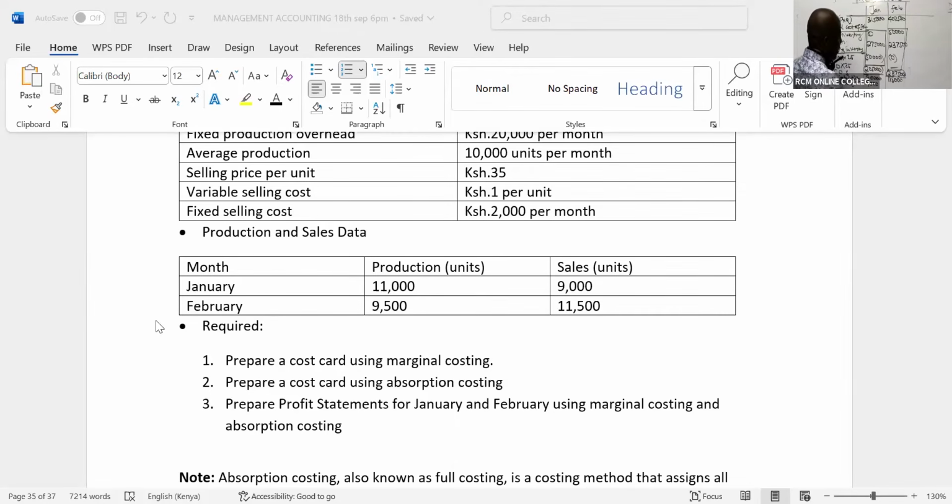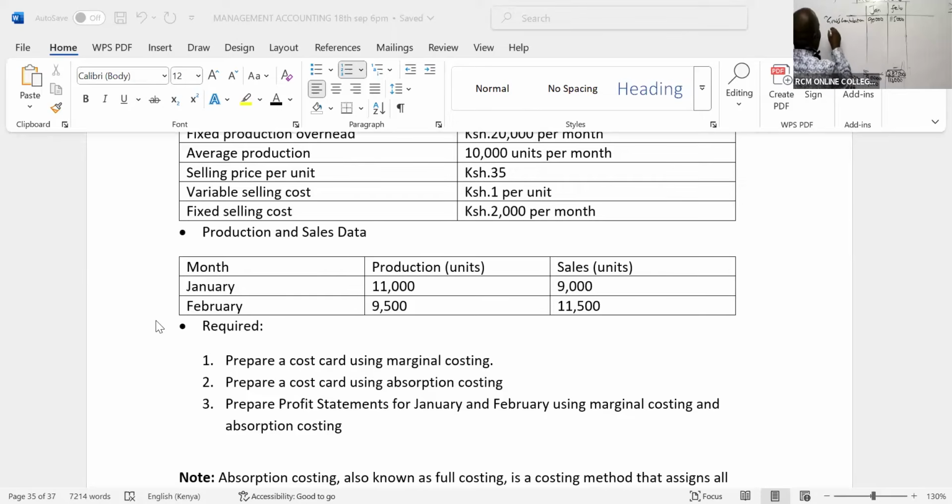Let me actually write up here. So I have my gross contribution, 90,000, and then 115,000.